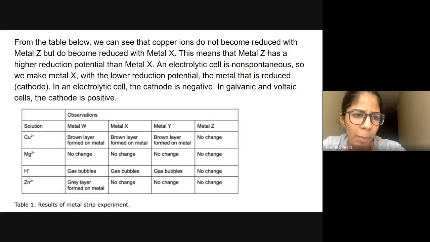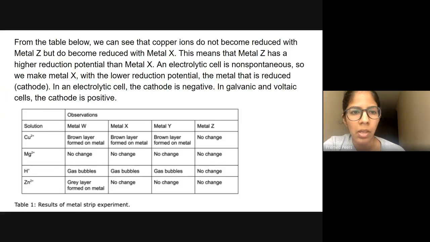But when copper ions react with metal Z, there is no change. So copper gets reduced with metal W but not with metal Z, because metal Z must have a greater reduction potential than copper, and therefore greater than metal W also.